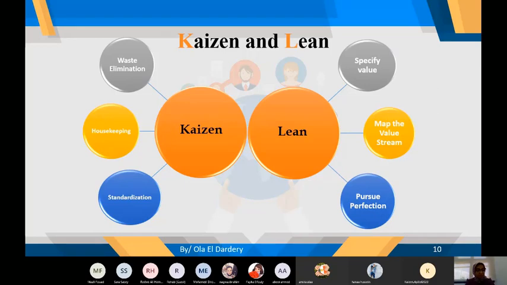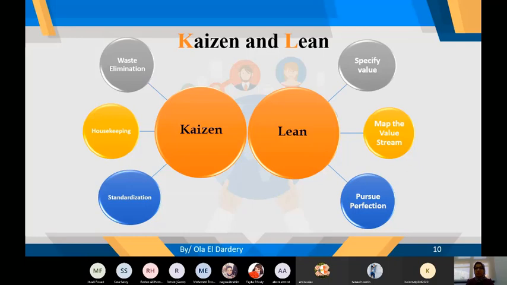Lean, as we said, is all about waste elimination, which means that it's about perfection. So mainly we need to eliminate the waste, reach what the customer wants, and make sure that this is done in a perfect way. So wherever there is something to be improved, we improve it. Of course, those three principles of Lean are not everything.